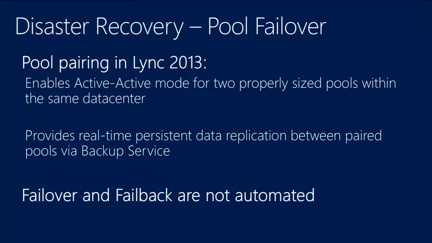It's not doing anything. It can actively serve users, but they have to be properly sized, right? So in our planning guidance, you assume that each pool is going to be able to hold the total capacity, and that's part of our recommendation when it comes to pool pairing. If you're going to do it, each pool has got to be able to handle the total capacity from both pool sets. We get real-time persistent data replication between the pools via the backup service.